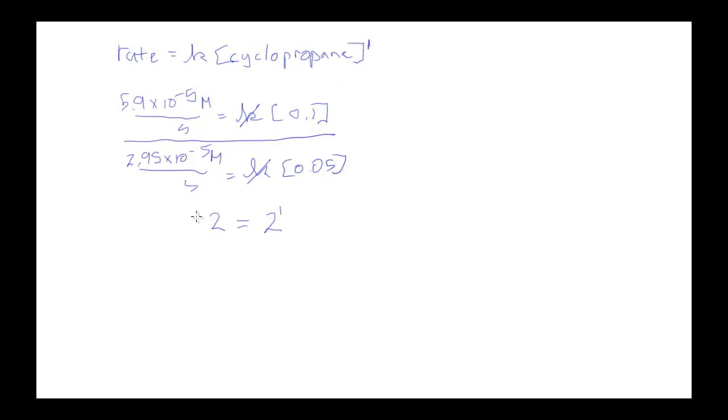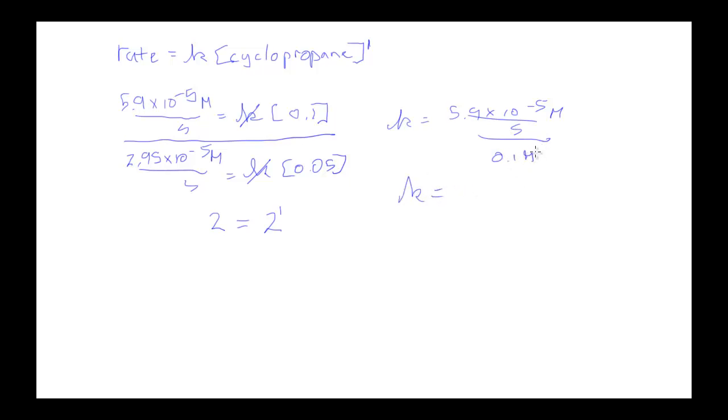Okay? And then if I wanted to calculate the rate constant, I could just solve for K for any concentration of cyclopropane. So I could take 5.9 times 10 to the minus 5th divided by 0.1. So K would be 5.9 times 10 to the minus 5th molar per second divided by 0.1 molar.